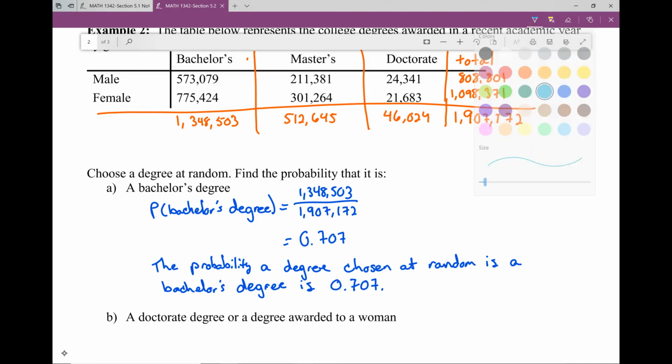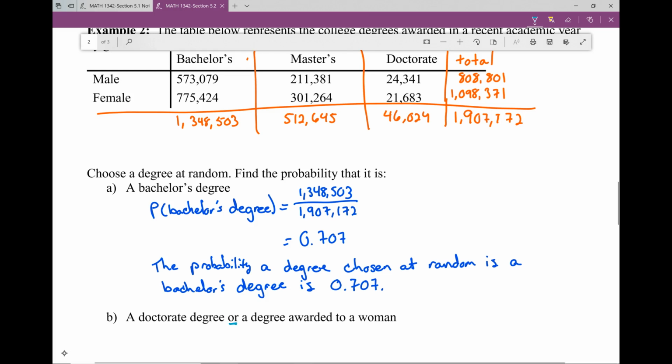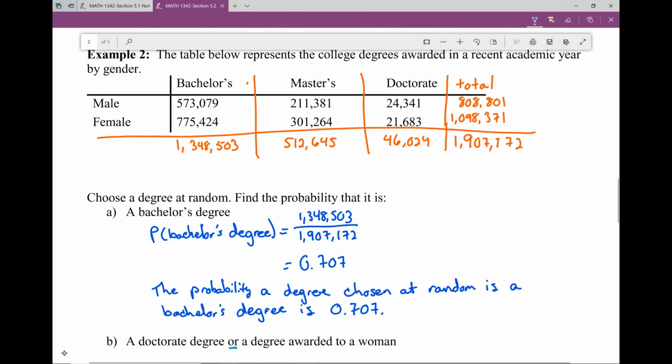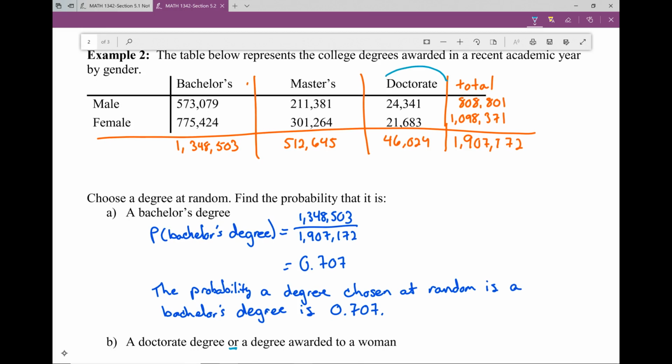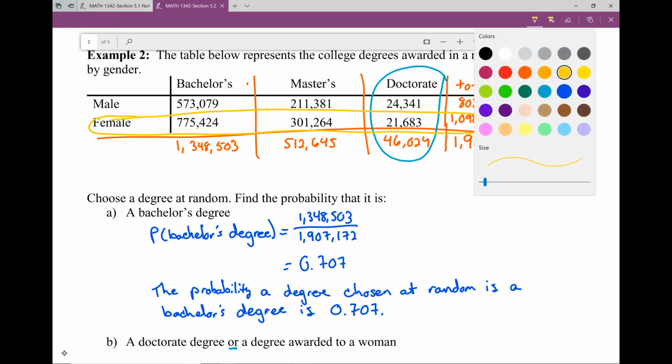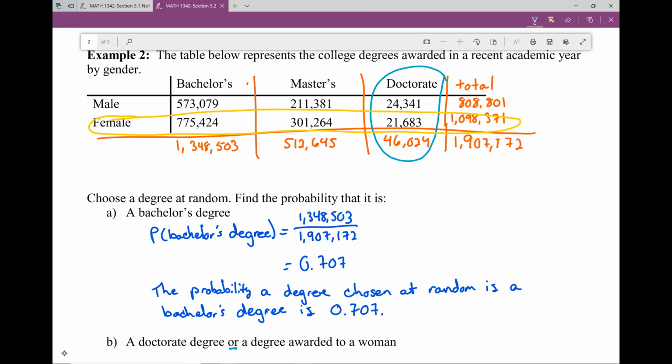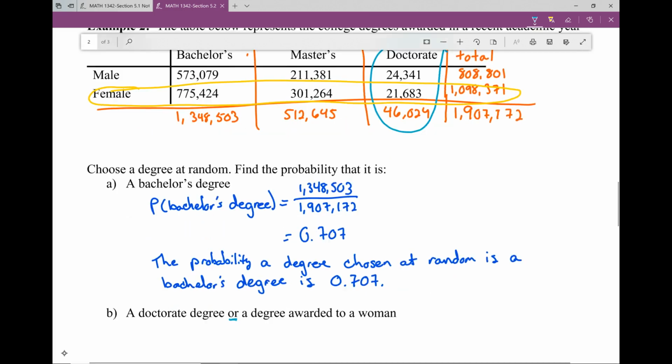And here we want to look at a doctorate degree or a degree awarded to a woman. So we're looking at the doctorate degrees or those awarded to a woman, a female. So when we look at things that have an or, these are two characteristics of the same item.